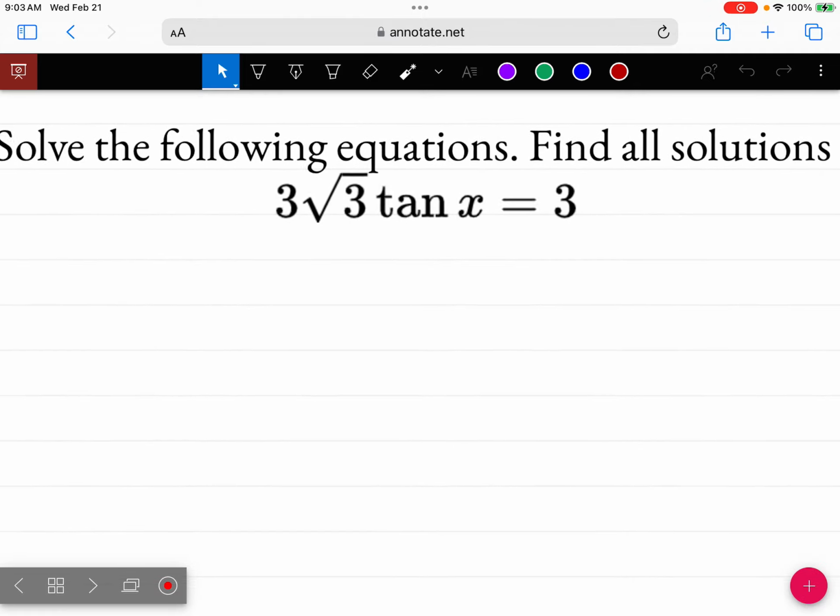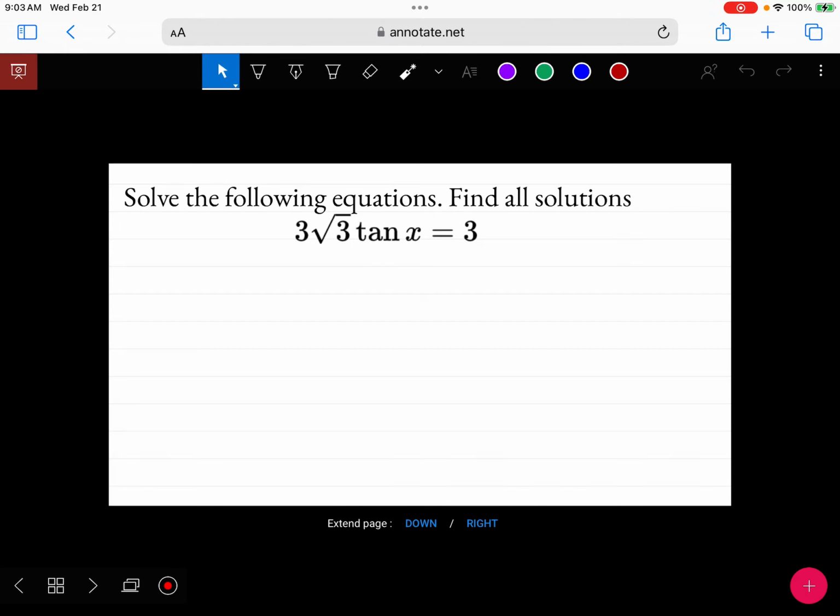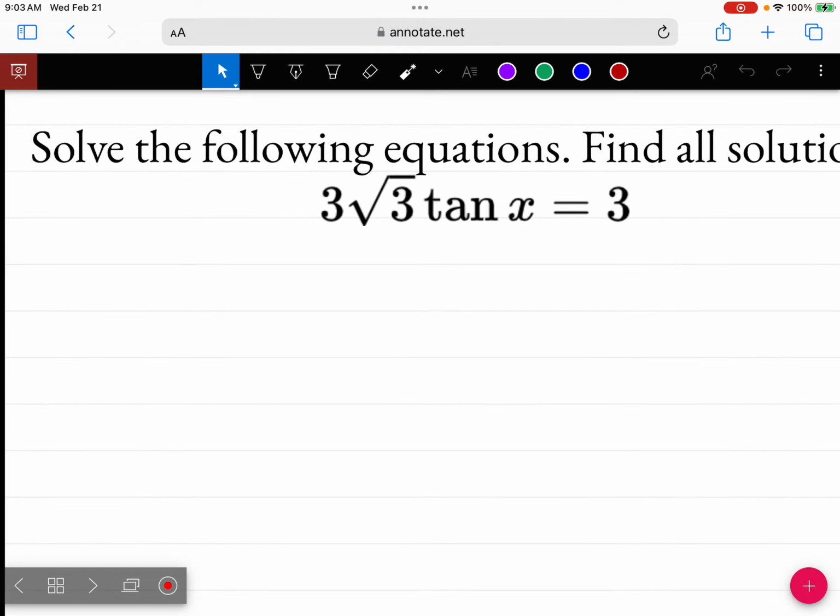Alrighty. So looking at this one here, we're trying to solve it, which means we need to isolate our trig function first. What's our first step going to be?